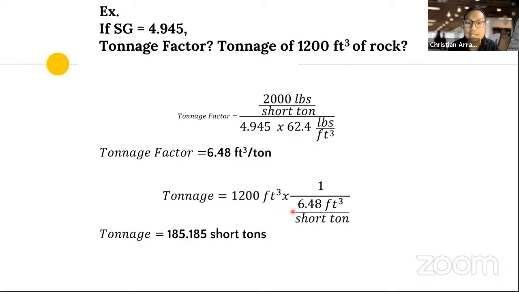Tapos, just multiply that by the tonnage. Actually, not multiply, no? Multiply the reciprocal. I just said this, na ang tonnage factor ay minumultiply as a reciprocal to the volume to get 185.185 short tons. That's how easy it is.